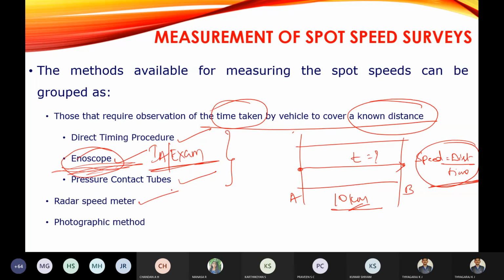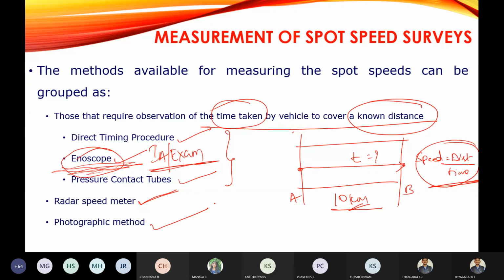Then the radar speed meter. I told you, the police sit in a jeep and monitor the speed with it. Then the photographic method, where we capture photos and note down the spot speed. These are the various methods used to obtain spot speed data: direct timing procedure, enoscopic method, pressure contact tubes, radar speed meter, and photographic method.